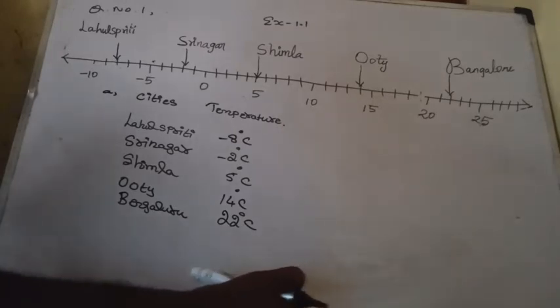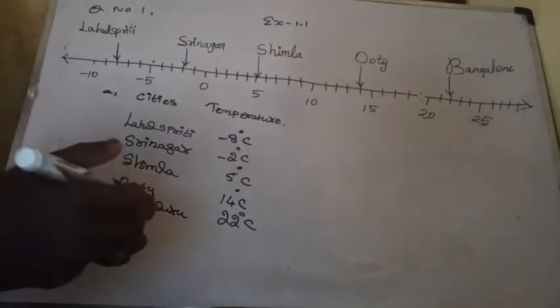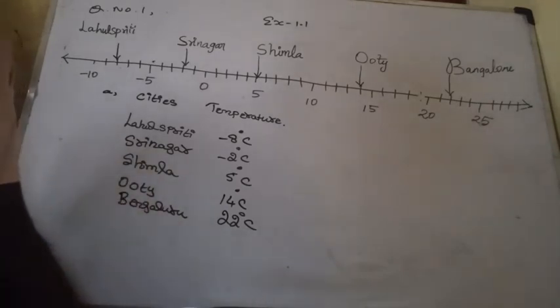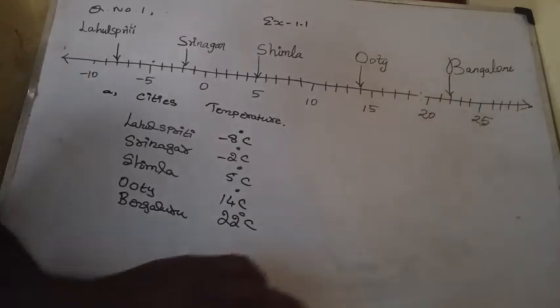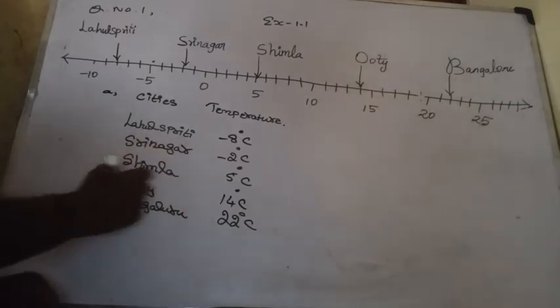Then the second question: what is the temperature difference between the hottest and the coolest place among the above? So what is the hottest temperature? Tell me. Hottest temperature, Bengaluru. That is what? 22 degrees Celsius.